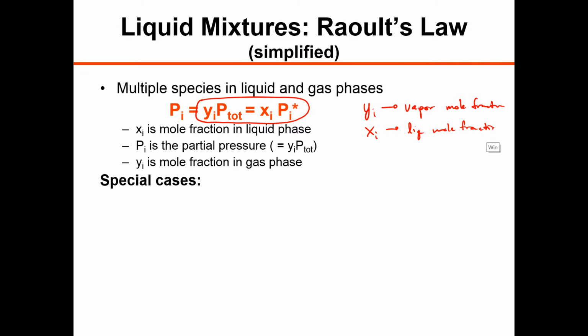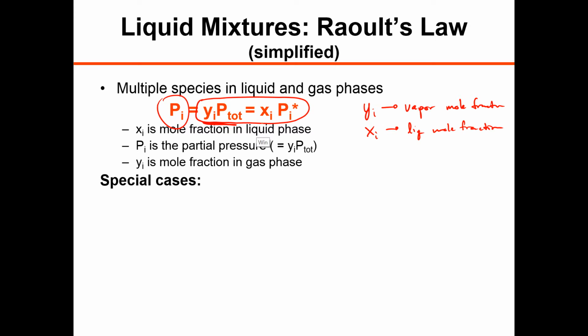Before, we used to define x as being the mass fraction, but in this case, when you're talking about liquid and vapor, x is going to be the liquid mole fraction and y is going to be the vapor mole fraction. So this is going to be the partial pressure, Pi, and that's going to be equal to the mole fraction in the vapor times the total pressure. That's Dalton's law.